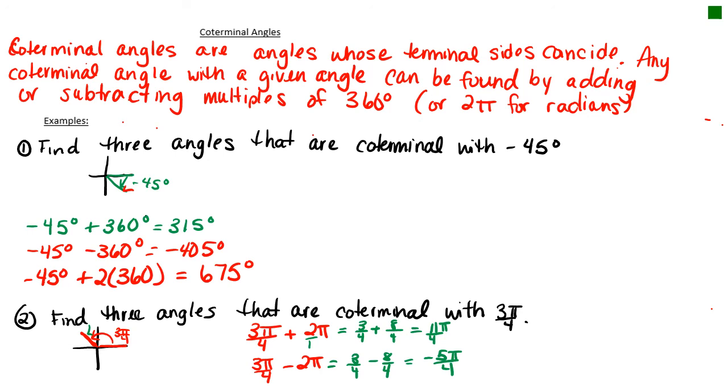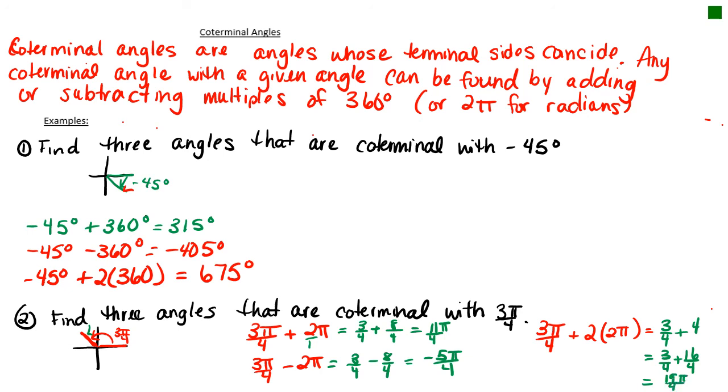Or I could go twice around. So I could do 3 pi fourths plus 2 times 2 pi. That would be the same as 3 fourths plus 16 fourths, which would be 19 pi over 4.